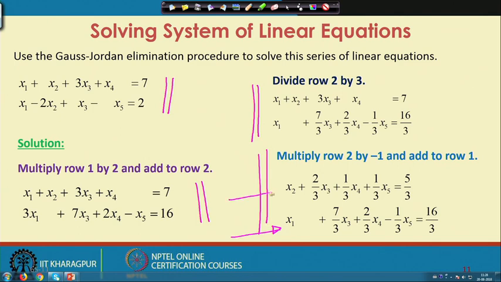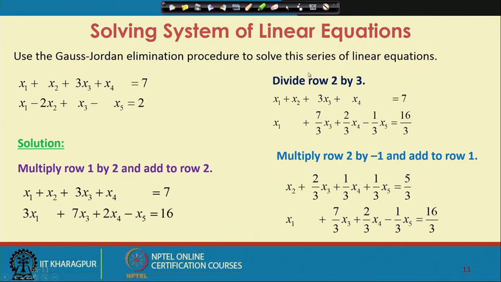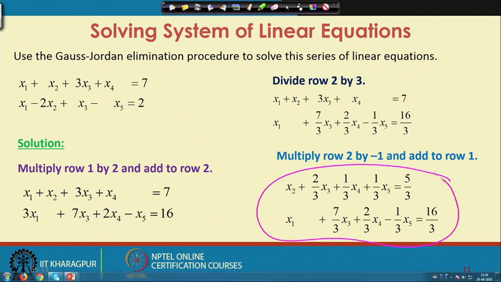If you look at this equation, it is 0 into x 1 plus 1 into x 2, plus x 3, x 4, x 5 along with their coefficients, and the right side equal to 5 by 3. These two equations, if you look at only x 1 and x 2, are in the canonical form.